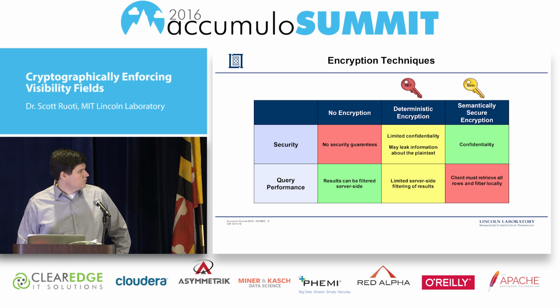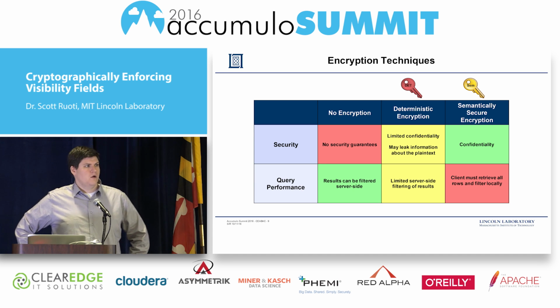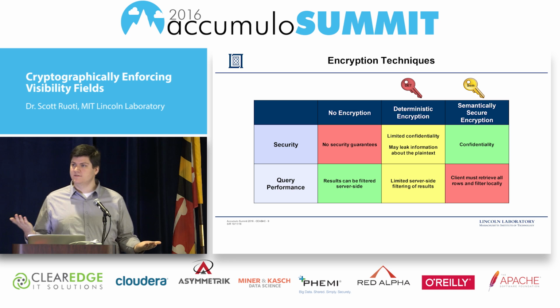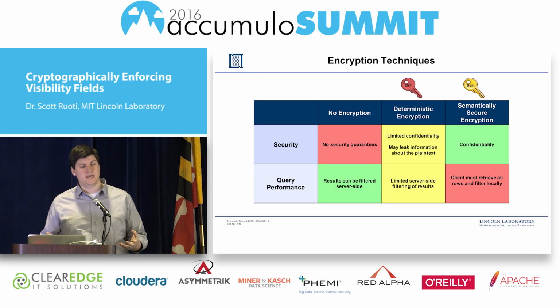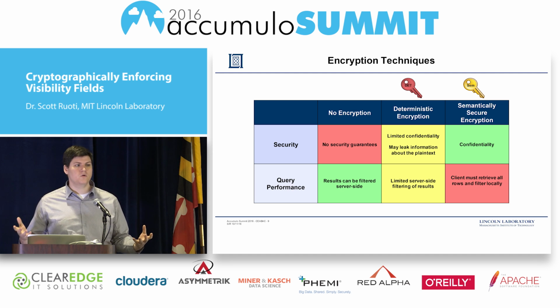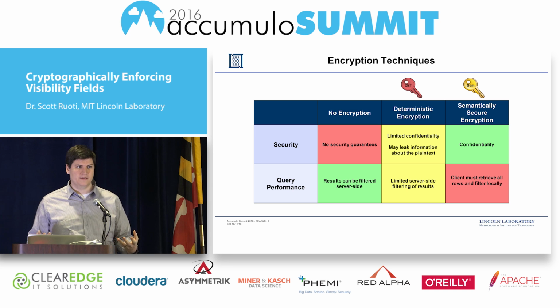The two types of encryption that we will discuss today are what we call deterministic encryption and semantically secure encryption. So we'll start at the right side. Semantically secure encryption means that with a given key and a given piece of data, once that data has been encrypted, the adversary, or in this case the malicious server administrator, has no clue what that data was before encryption. So they learn nothing about that data.